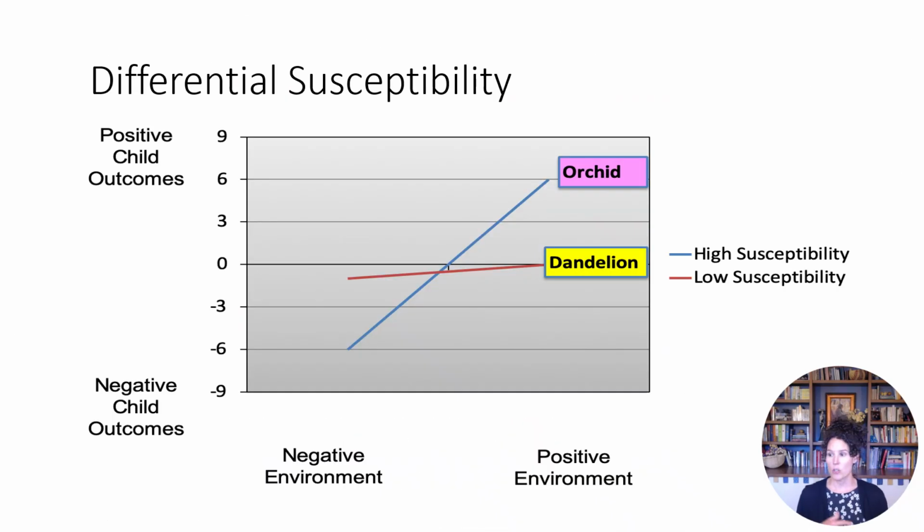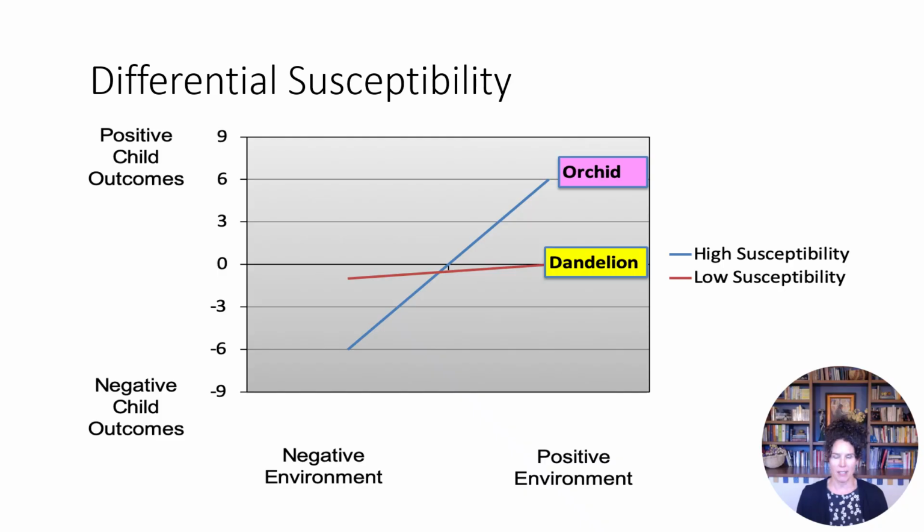So in this lecture and then in upcoming lectures, we're going to be looking at a lot of graphs that look basically like this, which shows that orchids really change their outcomes based on their environment. So if it's negative, they're doing the worst. If their environment is more positive, they're doing the best. Whereas dandelions change very little.